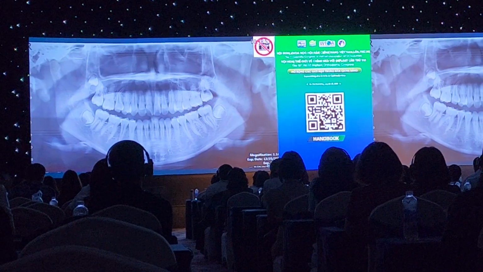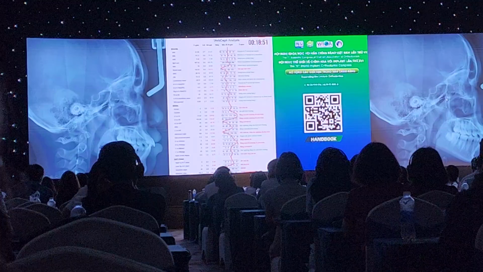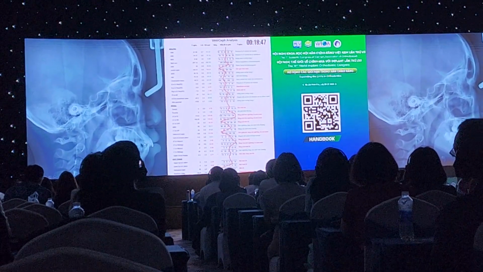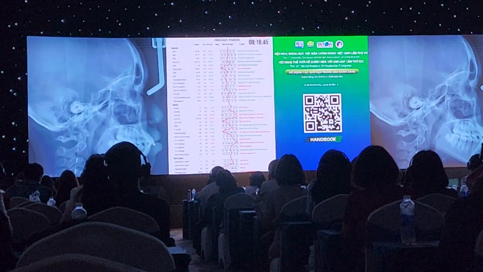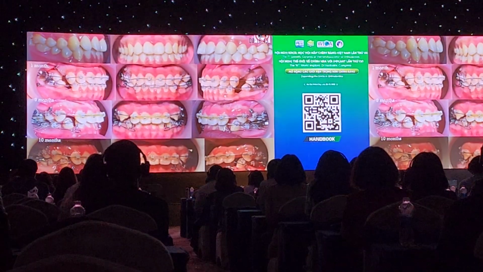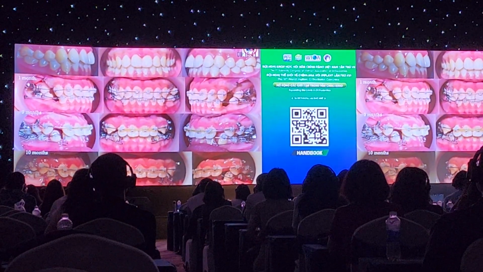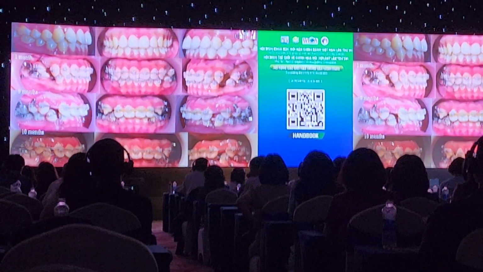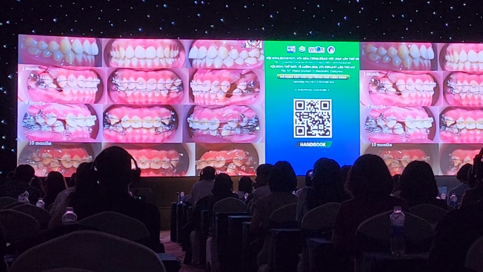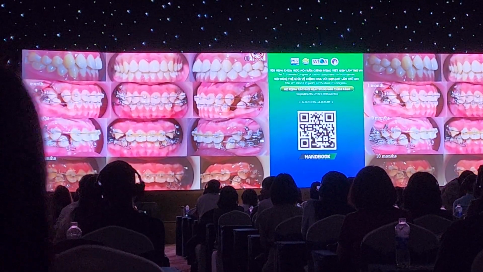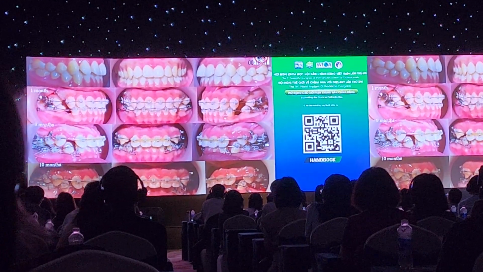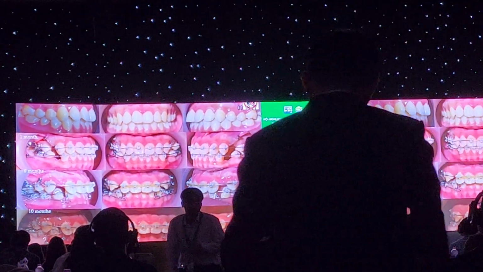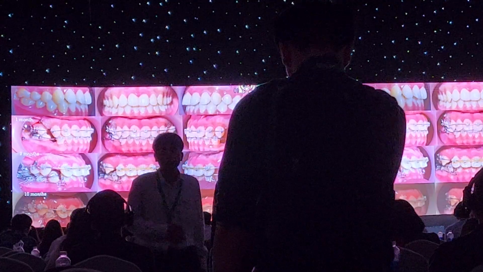Protrusive, low angle, class 1 bimaxillary protrusive. I removed 4 premolars and placed the mini screw, and we see from 1 month, 9 months, and 10 months.